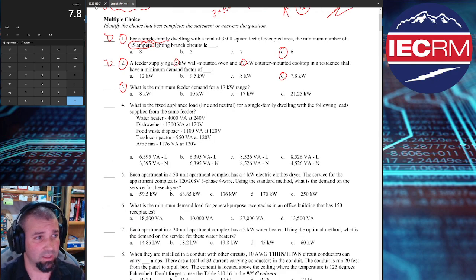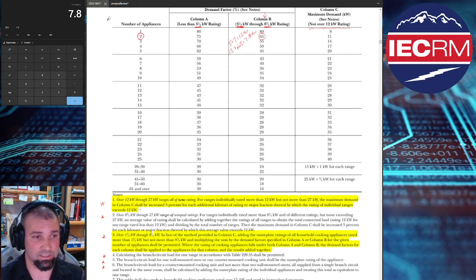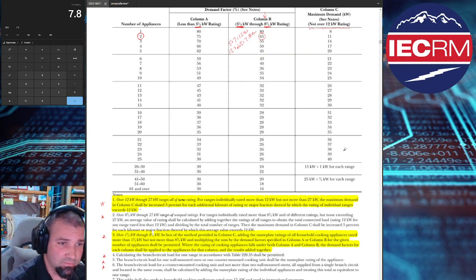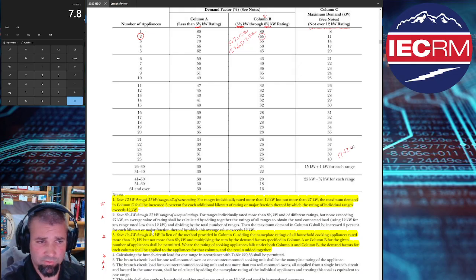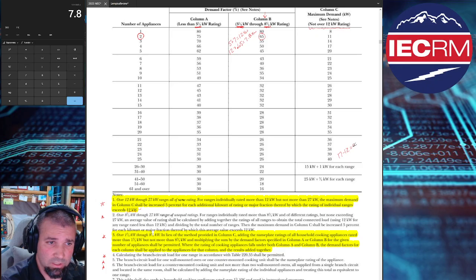But since we have a 17 kilowatt range there, I'm just going to write 17. Okay, and I'm going to do a little subtraction. So for each unit or major fraction that exceeds 12, I've got to add that 5%. So I'm just going to take 17 minus 12 to get how many units above that I am, and I am going to be at 5 kilowatts over.